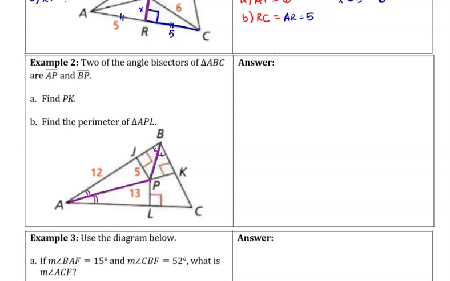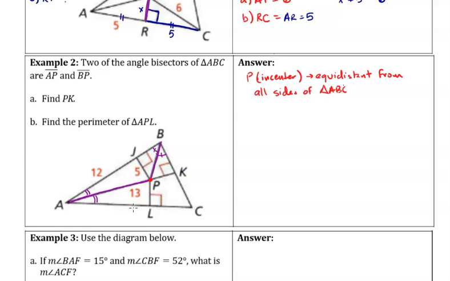And that also means that P right here is the incenter of triangle ABC. So that would mean that it is equidistant from all sides of triangle ABC.